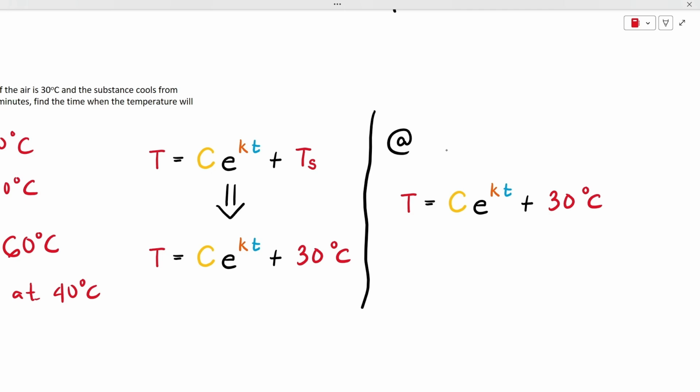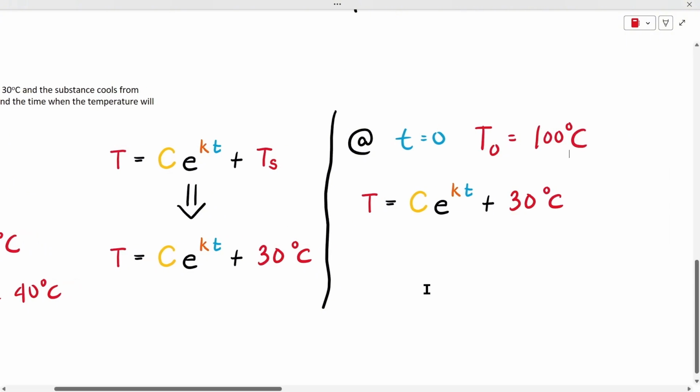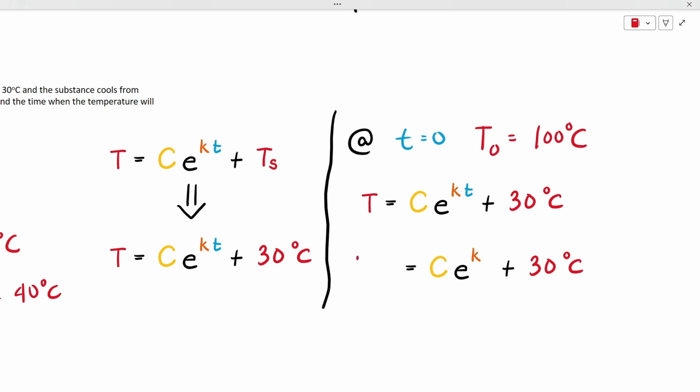At initial time 0, the temperature is 100 degrees Celsius, so we just plug in those values. We have 100 degrees Celsius here, and time 0.